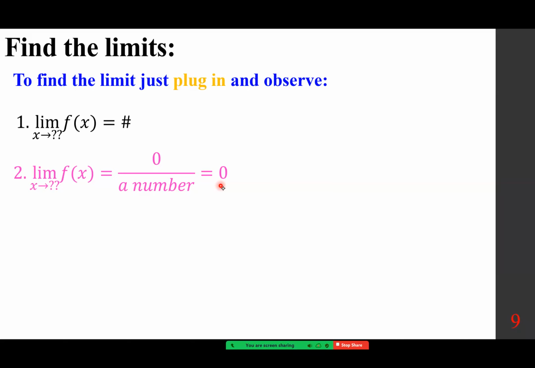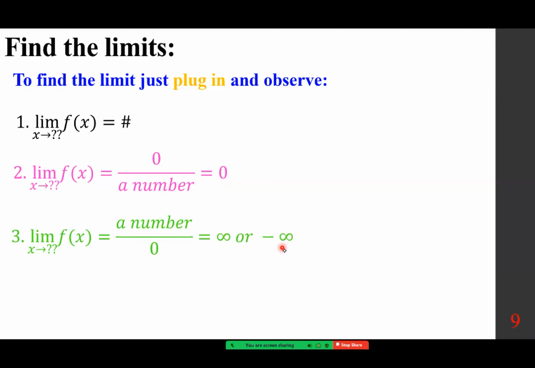It may be the other way around. It gives us a number over 0. When you have a number over 0, it goes to infinity. But is it positive or negative infinity? You have to further investigate it, and I'll show you how to do that easily as we come across some examples.